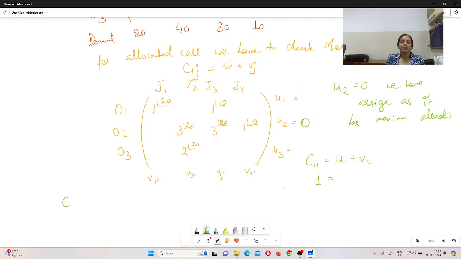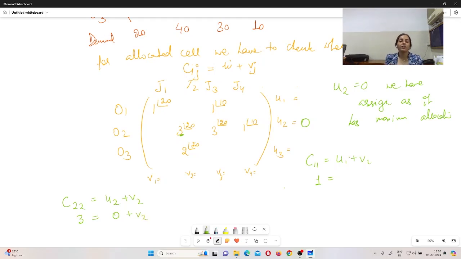C22 will be U2 plus V2. Diagonal way you have to check it, row wise and column wise. If I'm talking about U2, take it this way, U2 and V2. I know this value of C22, that is 3 over here, right? And the U2 value also I know, that is 0. The V2 value I don't know, so write it over here as V2.